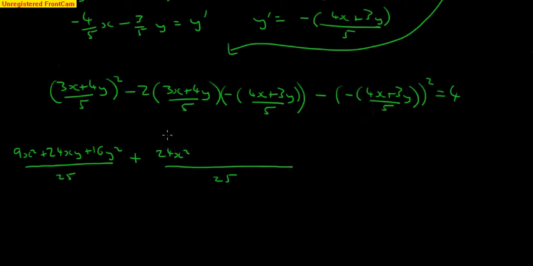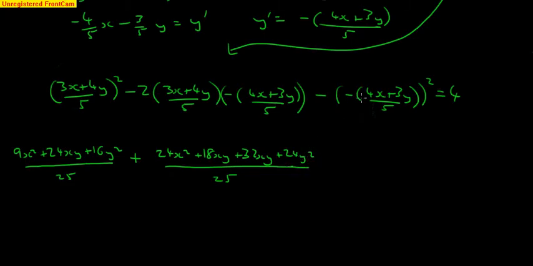I'm just doing it all at once. 3x times 3y is 9xy doubled, so plus 18xy. 4y times 4x is 16xy doubled, that's 32xy, and 4y times 3y is 12y squared doubled, is plus 24y squared.